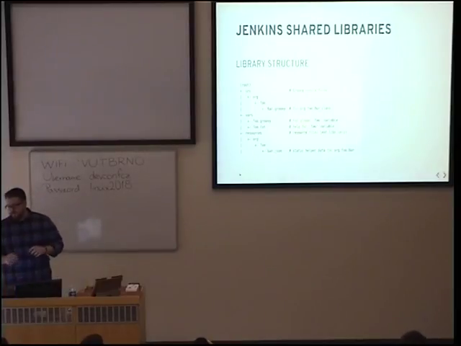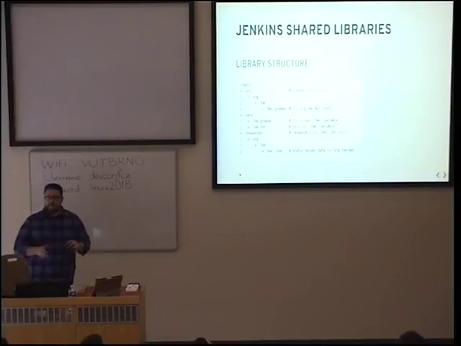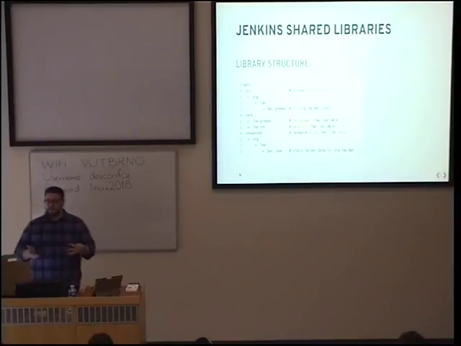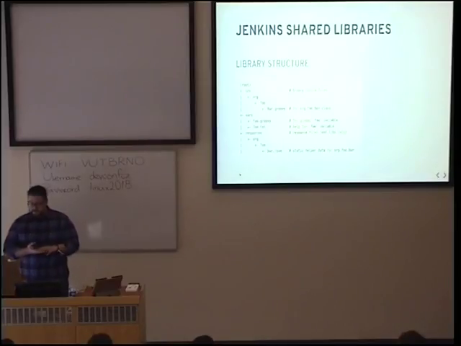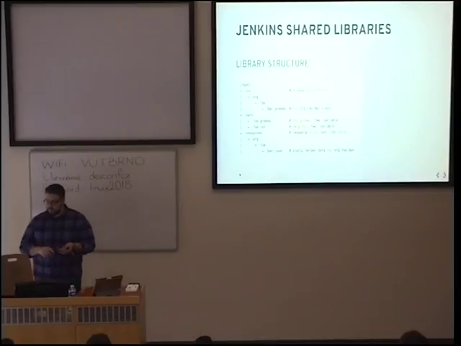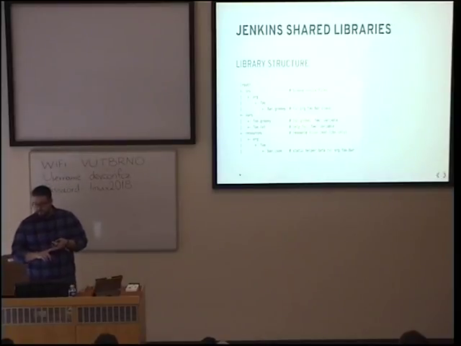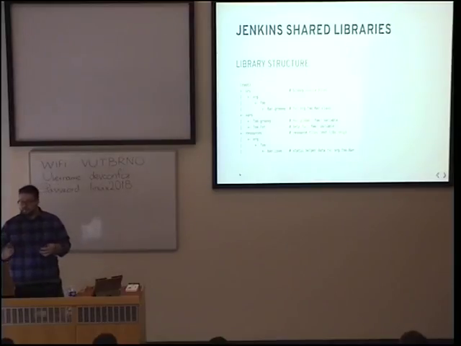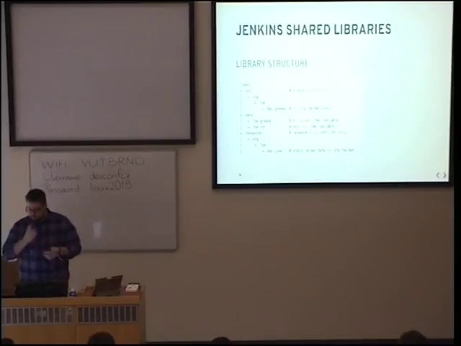The resources directory is interesting because there's not a lot of use of that in our environment, and also, I think, in the community at large, that's not being used very much. Any valid Groovy can be used when you're constructing these shared libraries. Jenkins steps can be accessed in methods outside of enclosing classes in the source directory.